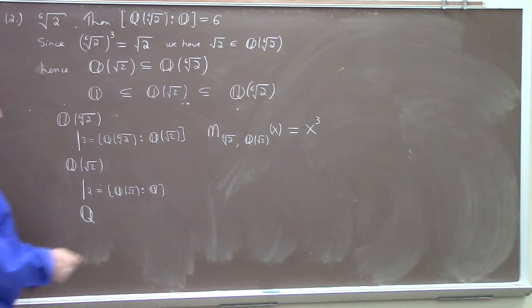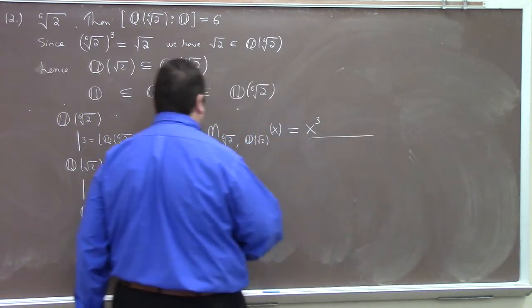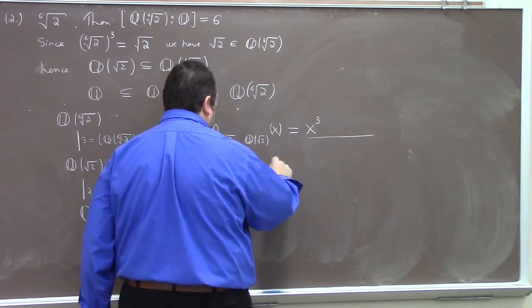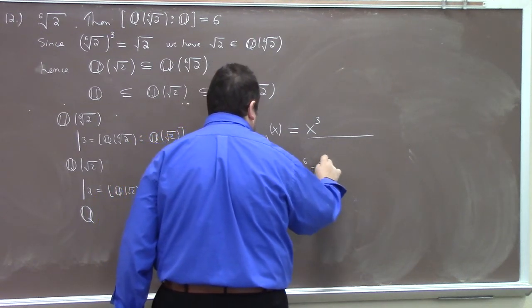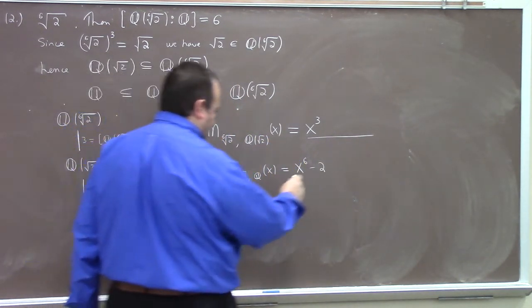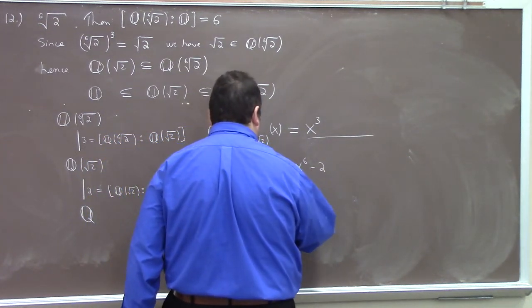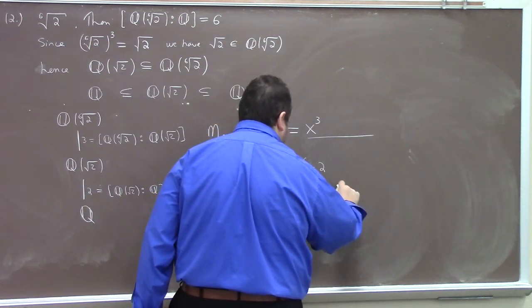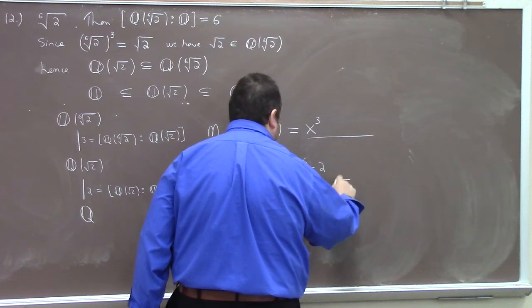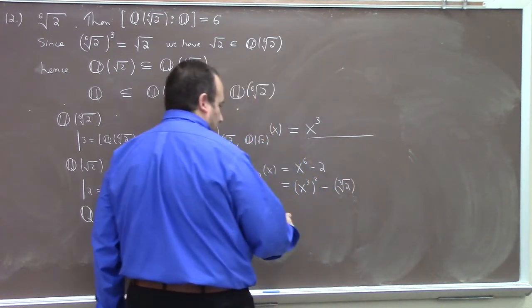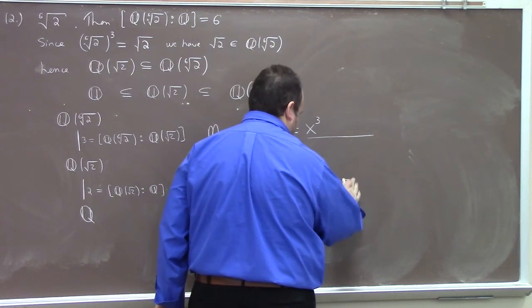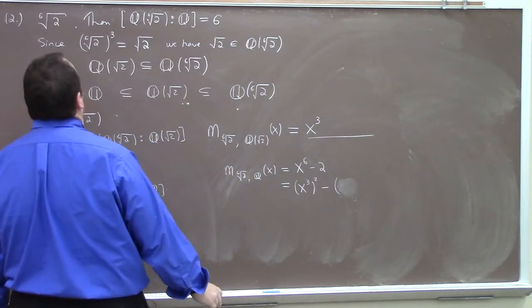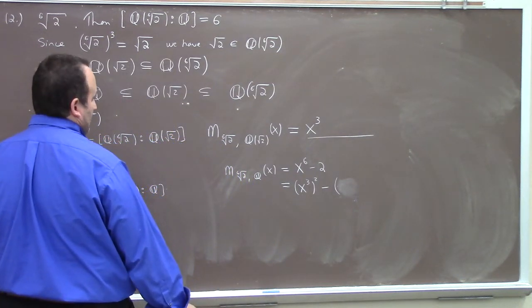Let's see here. We also know the minimal polynomial of the sixth root of 2 over Q is x to the sixth minus 2, right? And we know that that factors as x cubed minus root 2 times x cubed plus root 2.